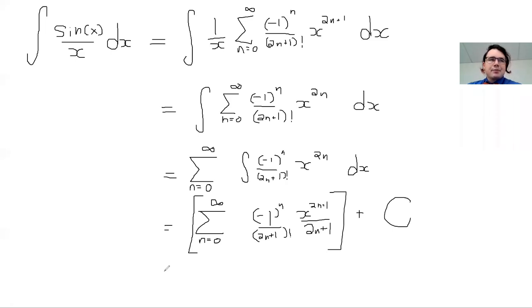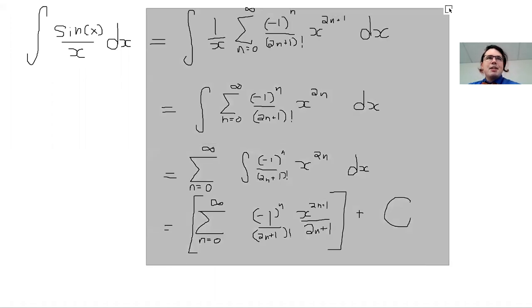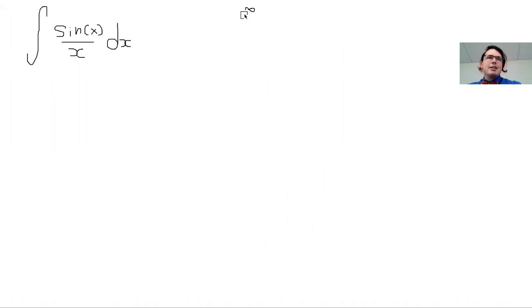Okay, let's look at another example. So instead of integrating sine of x over x, let us take a peek at the exponential function.